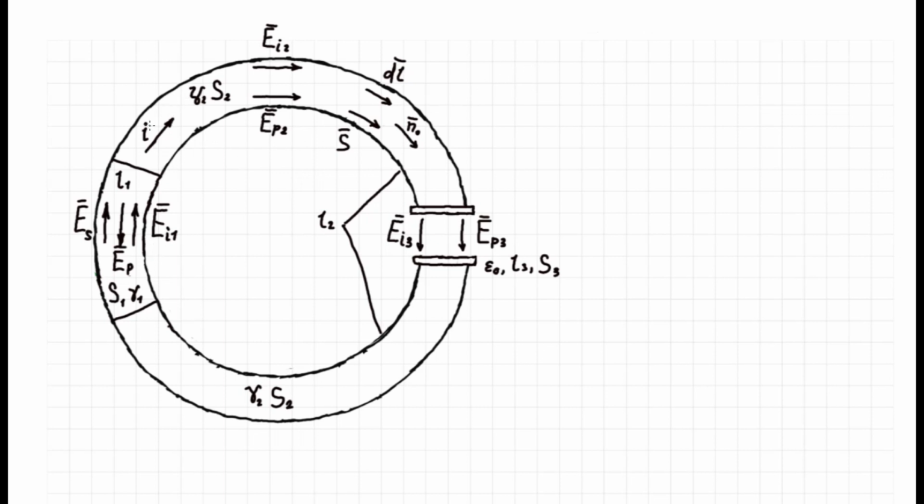This current, which in this circuit is everywhere similar, follows from the first Kirchhoff's law, and this current we write with the letter E. It equals conductivity.